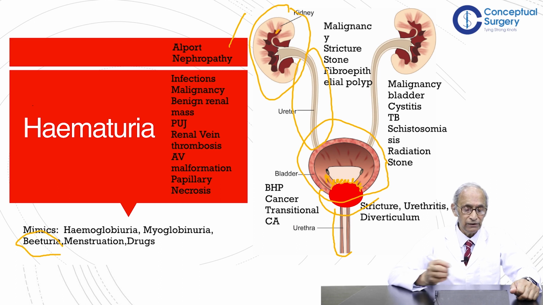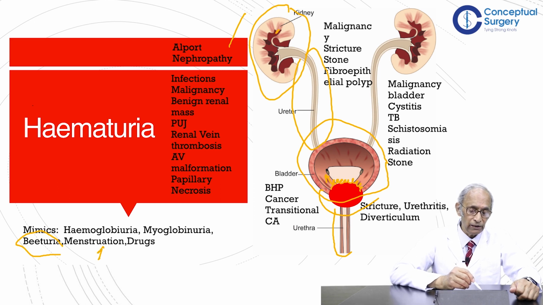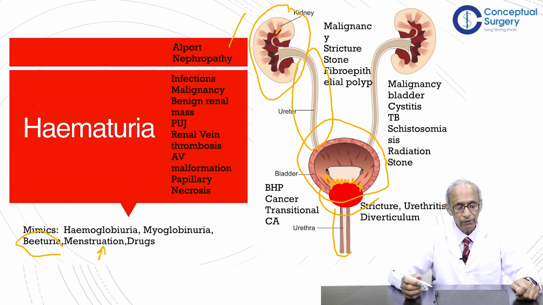And in women, and this is very, very important, if you are collecting a sample in a female patient, always remember that they could be going through a phase of menstruation, and that can contaminate the urine sample and give the appearance of hematuria. And some drugs too. At one time, there used to be a very commonly used drug called pyridium.